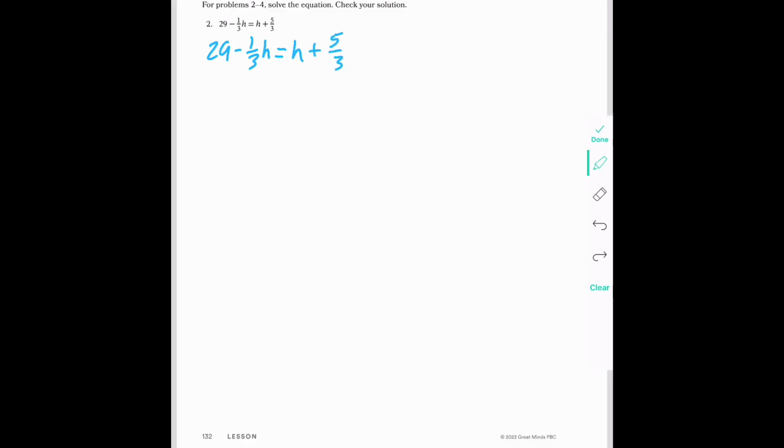All right, so do we need to do step 1? No, there's no parentheses. Do we need to do step 2? No, there are no common terms or like terms on either side. So now we're on special step 3.